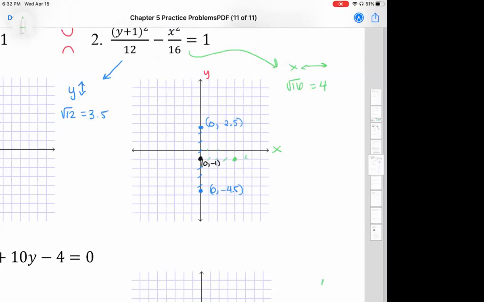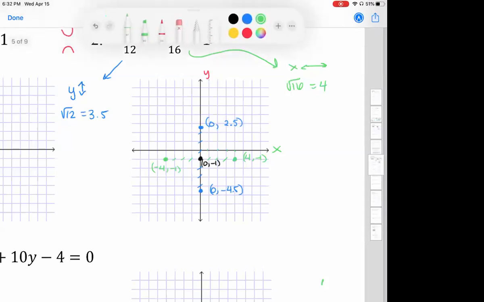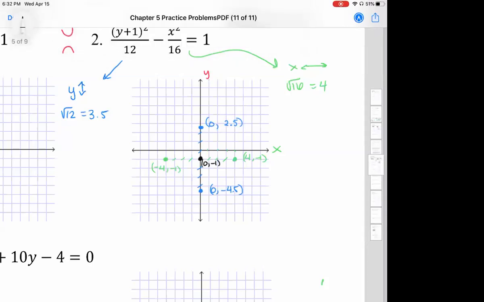And this is 4 comma negative 1. 1, 2, 3, 4. And this is negative 4 comma negative 1. Okay, from here, we're going to draw our box. So I want to draw a box using my endpoints as a guide.